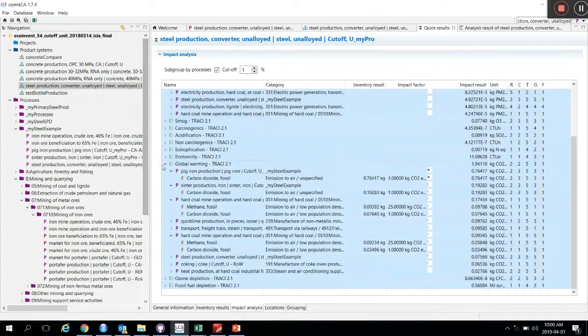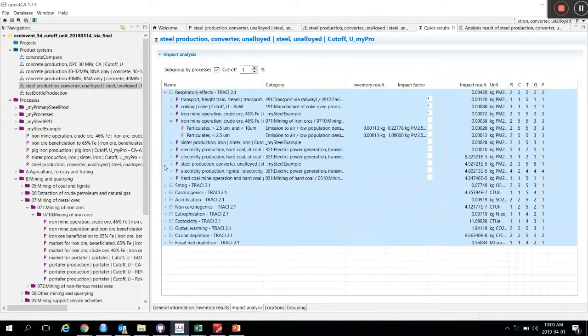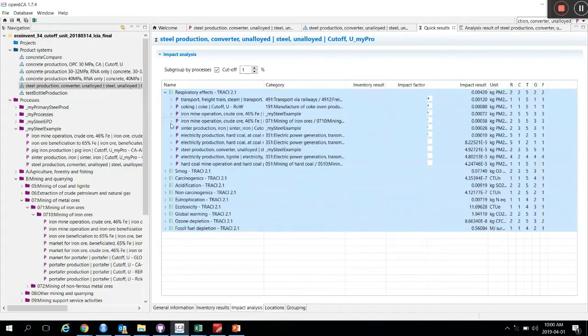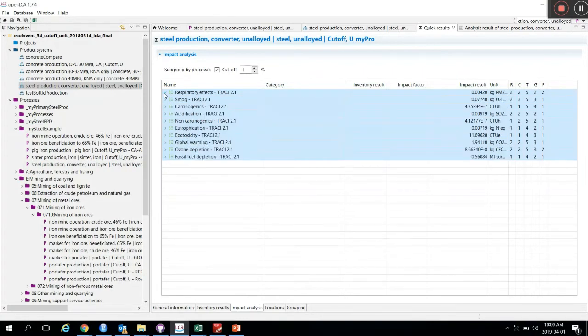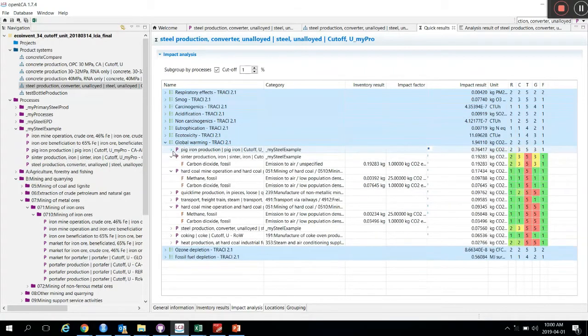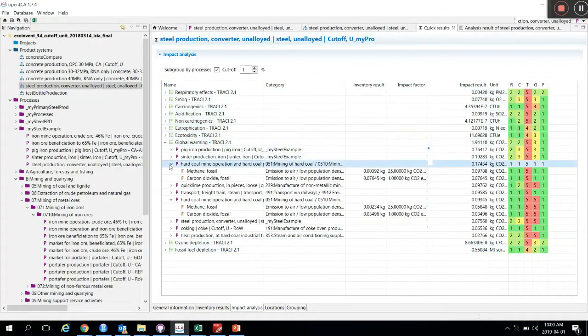So I won't go too much into presenting the results, but this is a very good results output that you can use to quickly understand top contributing processes and the related stressors. But what's not so good about it is that you don't necessarily understand why these activities are important.